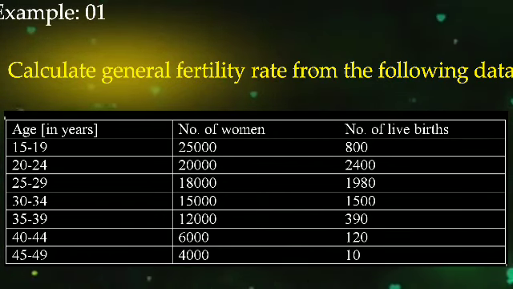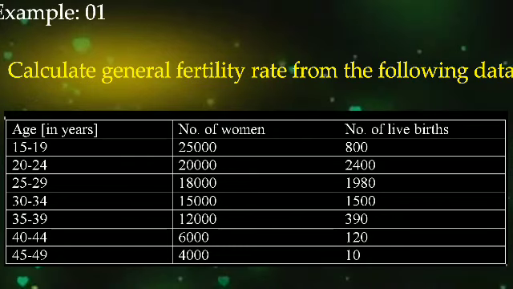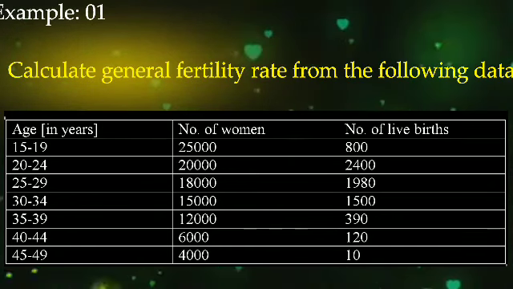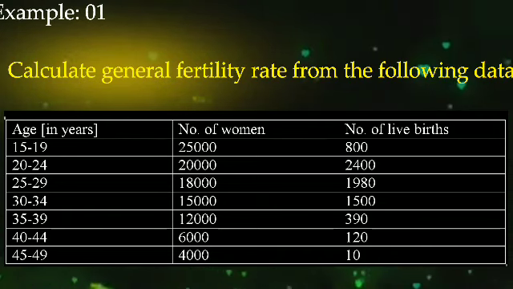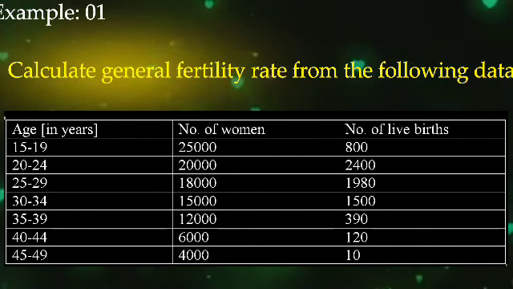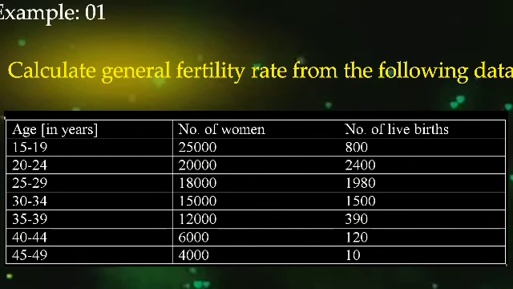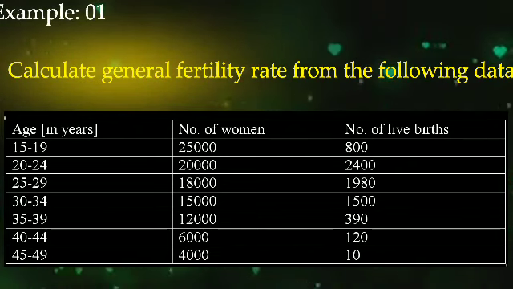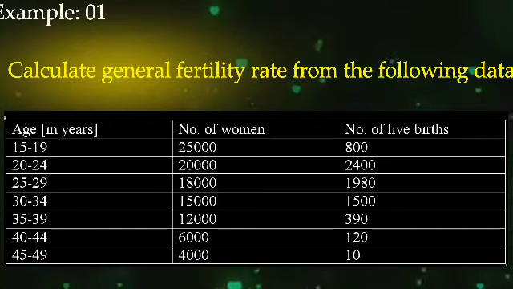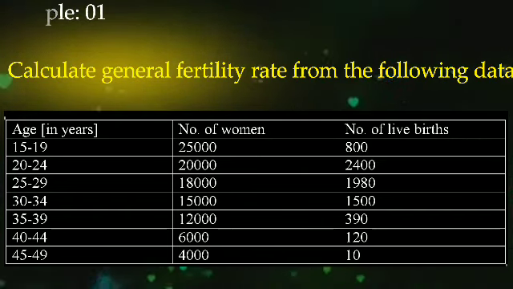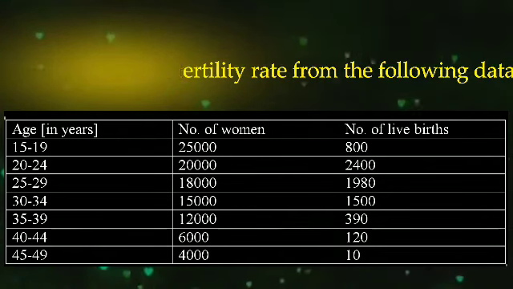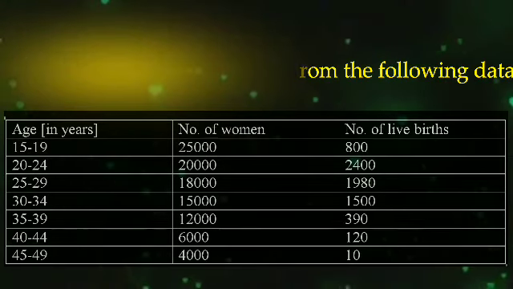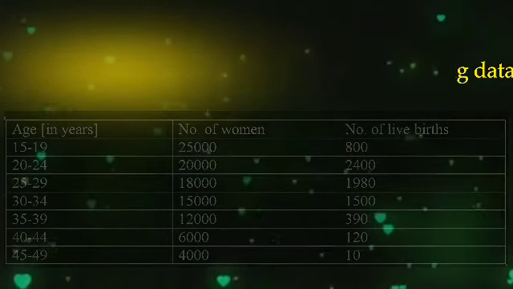As we know, in GFR you should consider the female population only for the childbearing age group, that is 15 to 49. So first look at the data in the given question. The age group starts from 15 and ends in 49, so for this question you can consider the entire data, since the data is given for the childbearing age group. So find the total number of women and the total number of live births.